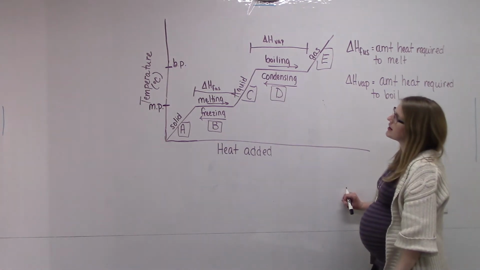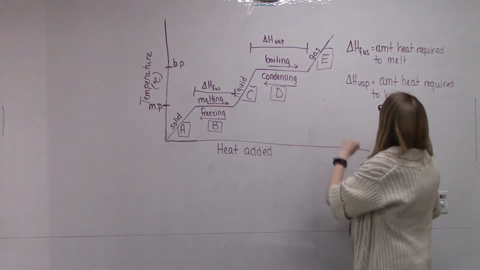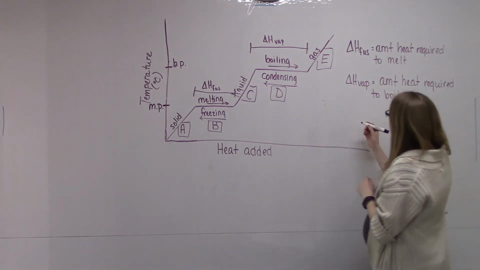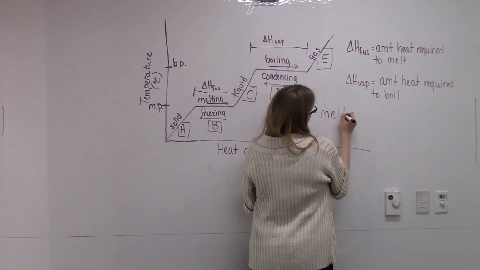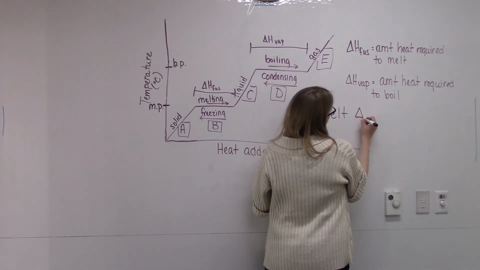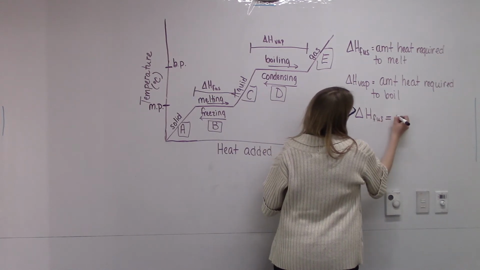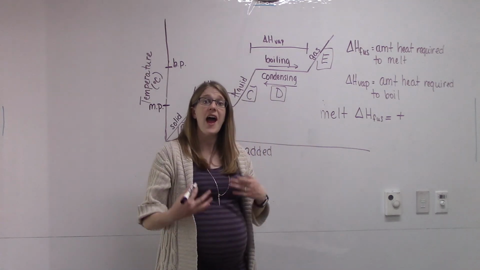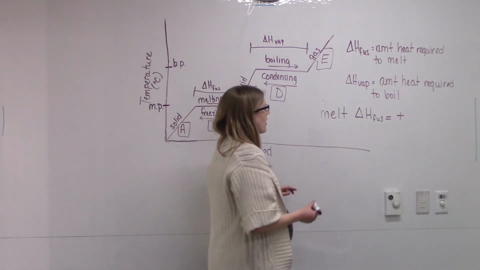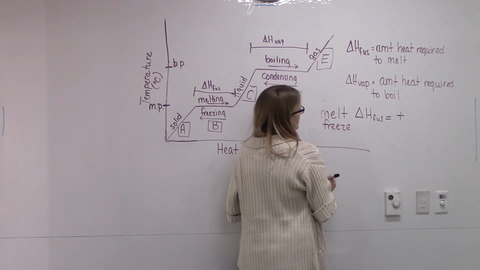Okay. One last thing. As we are moving this way, are we adding or taking away heat? Yeah, we're adding heat. So when we melt and when we boil, delta H of fusion is going to be positive. Why? We have to add heat. When we freeze, do we add or take away heat?